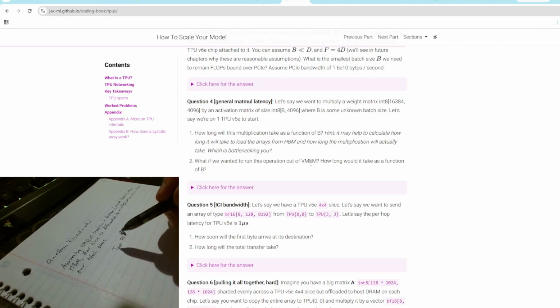Man, I'm making so many errors here. Let's just rewrite this whole thing so maybe the little text scanner will be able to tell. T total equals T flops.